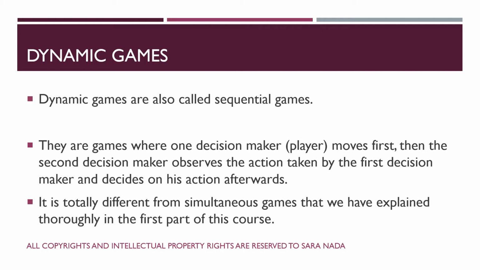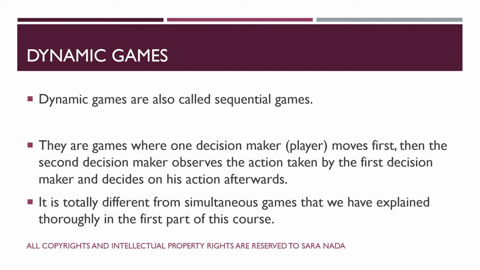So instead of having simultaneous games, when we are studying a dynamic game, one player will move first and then the second will observe the action chosen by the first player, the player who moves first, and then chooses his action at a second stage.